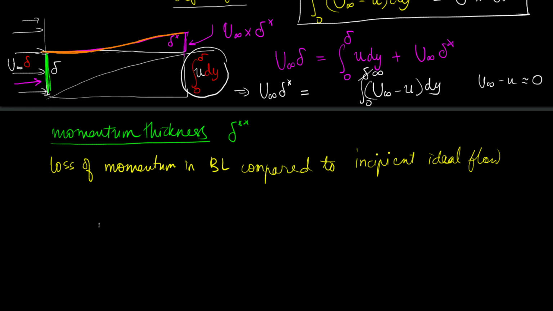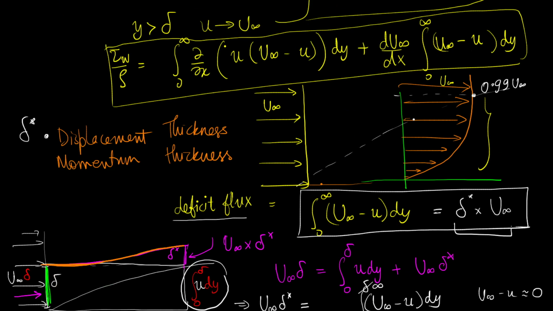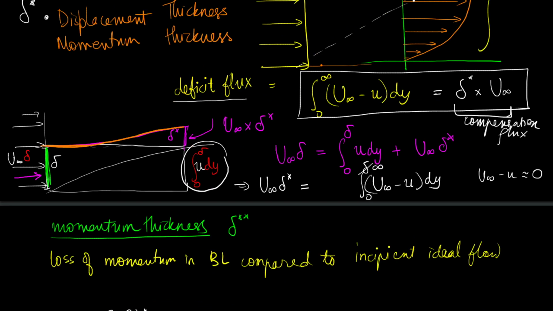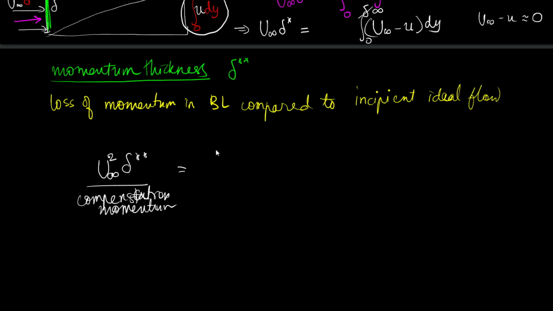It is u infinity square. Actually, let us write this in terms of u infinity and delta double star. So u infinity square delta double star is the compensation momentum. So it is much like the compensation volume flow rate. This was the compensation flux. Okay, and that is equal to the difference in the momentum.